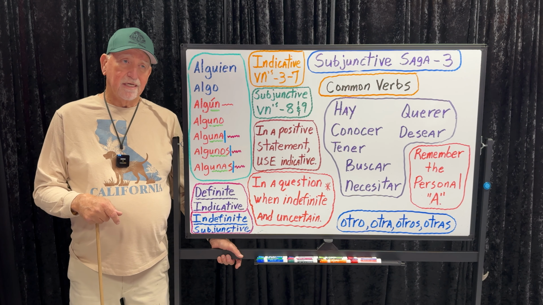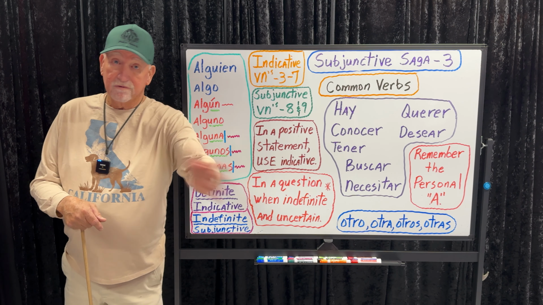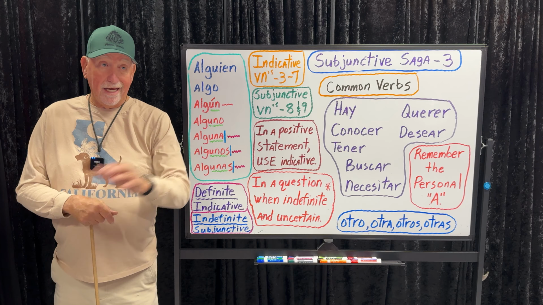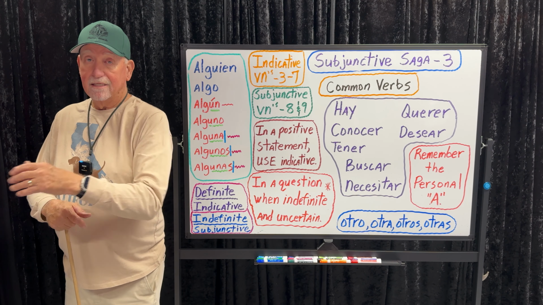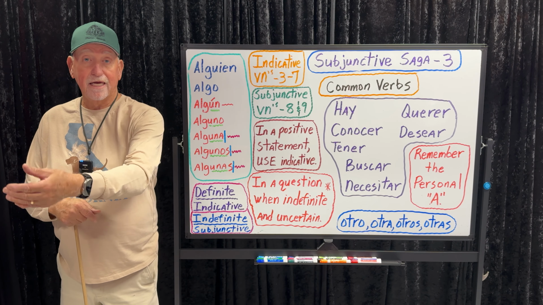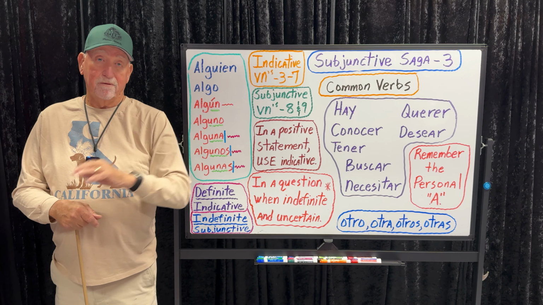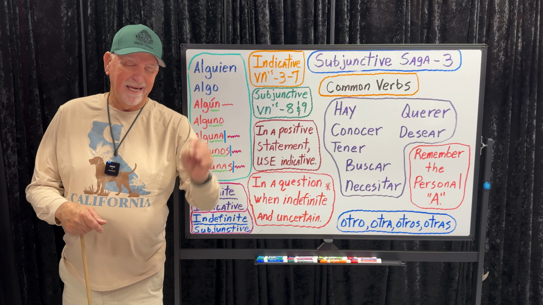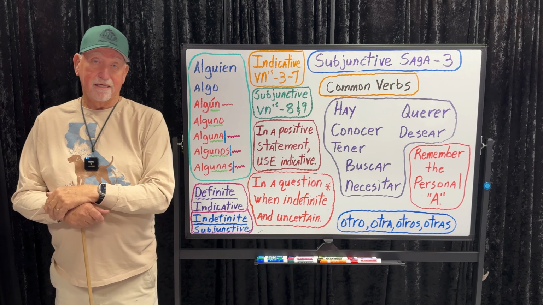Por favor, señora, necesito un libro que, here we go, indicative or subjunctive. Necesito un libro que es más interesante or necesito un libro que sea más interesante. It's going to be sea. And the lady comes back with another book. Oh, señor, ningún problema, no problem. Tenemos aquí un libro que es muy interesante, que es más interesante.